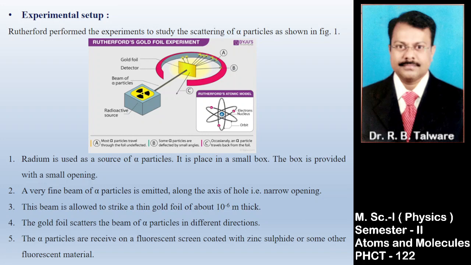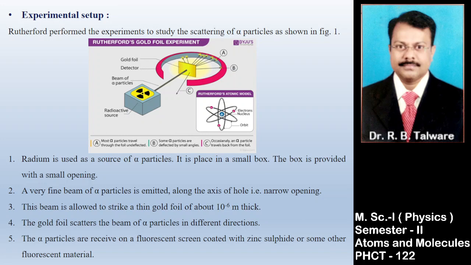Now there are some assumptions or predictions in this experiment. First one is radium is used as a source of alpha particles. Why is radium used? Because it is a radioactive element. It is placed in a small box provided with a small opening.